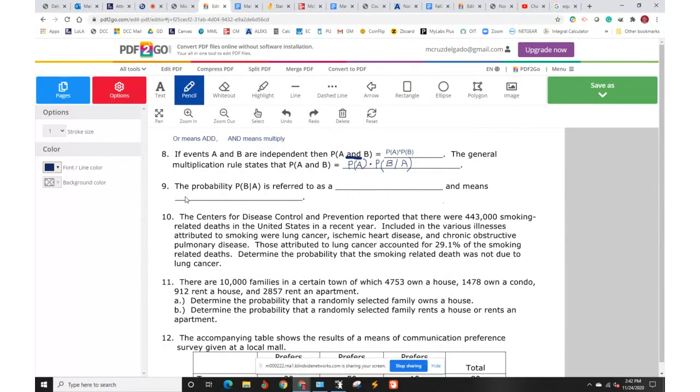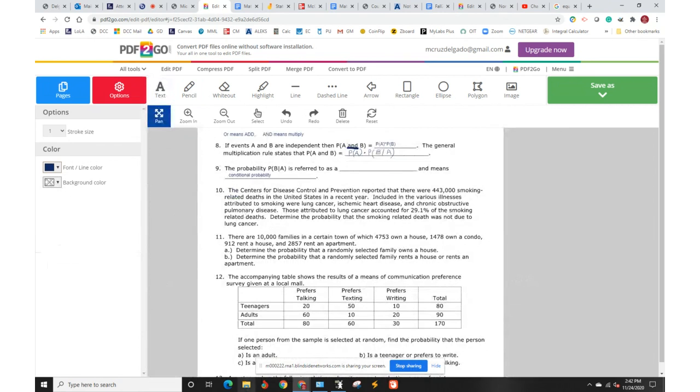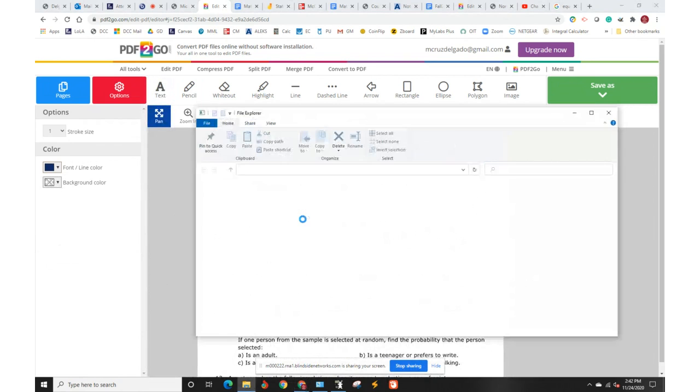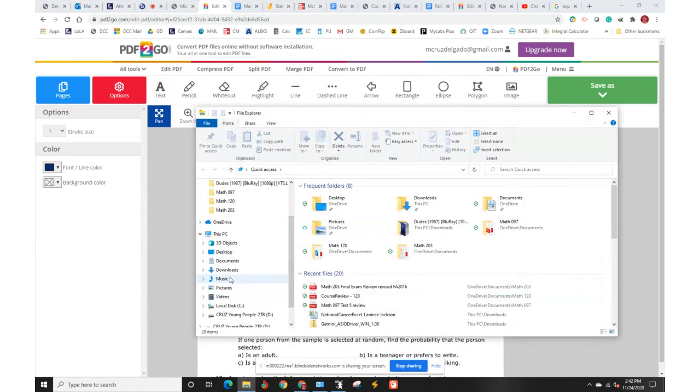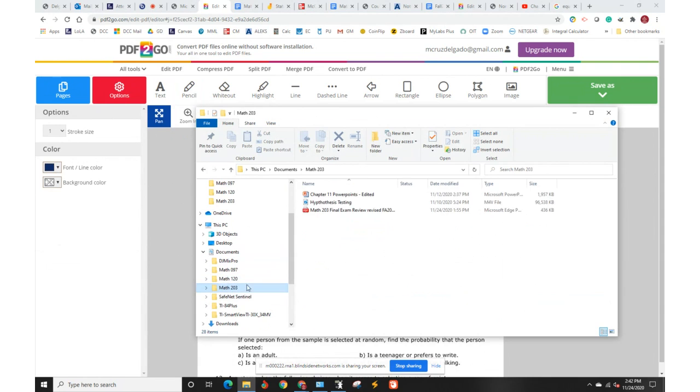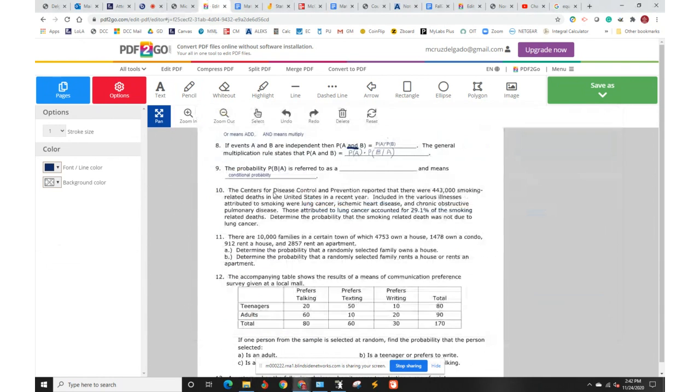So this is conditional probability. Where they got that worded, let's see. Let me go down and look at something real quick. Cheat, just to make sure I'm not telling you a lie here. So that's chapter 4.